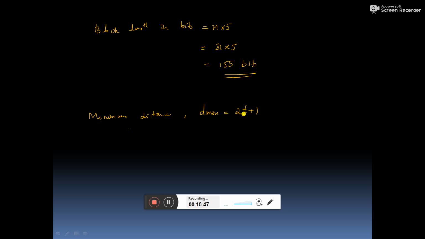But this t, we don't know the value of t. Another relationship was there, that is d minimum will be equal to n minus k plus 1 for Reed-Solomon codes. So from this, n is equal to 31, k is equal to 15, plus 1. So the minimum distance will be equal to 17.